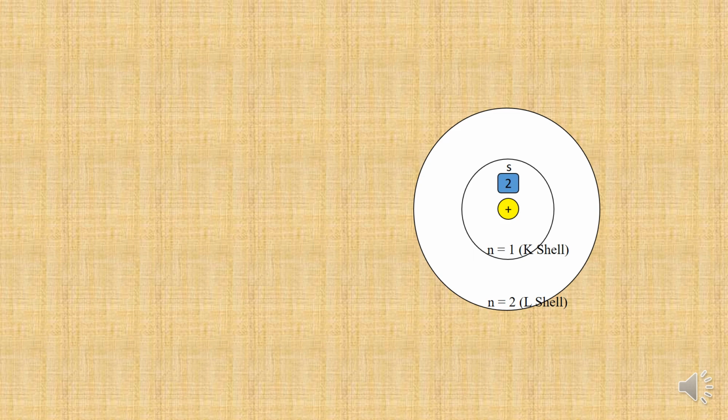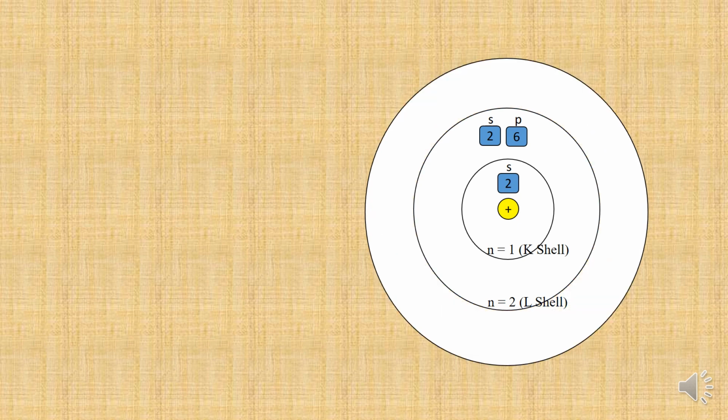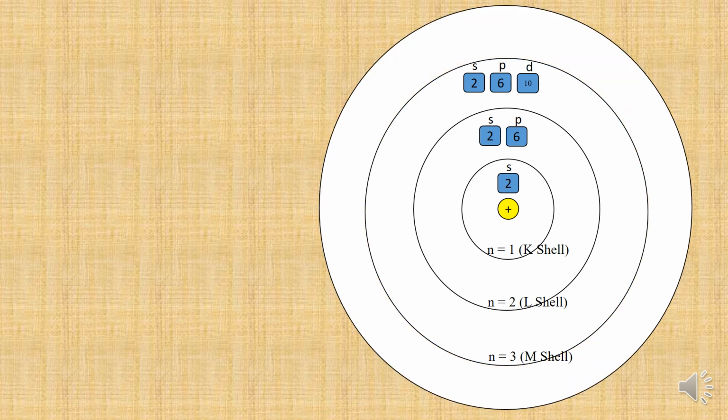Within the second shell, you find the subshell with 2 electrons present in the s orbital, 6 electrons present in the p orbital. This is followed by the third shell or energy level, also known as the M shell. Within the third shell, you find the subshell with 2 electrons present in the s orbital, 6 electrons present in the p orbital, and 10 electrons present in the d orbital.